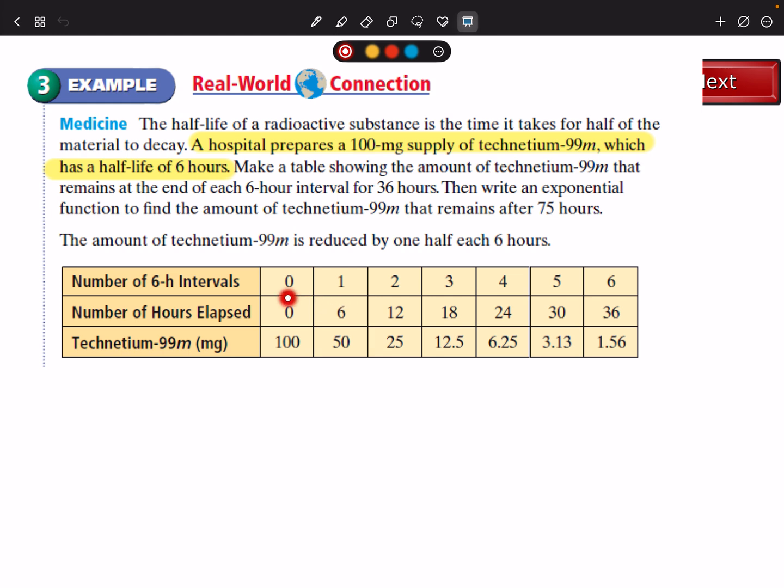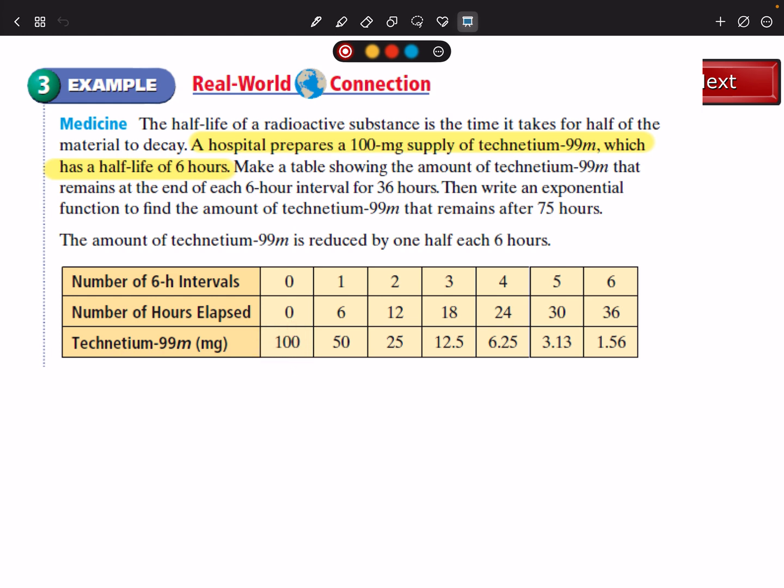So you can see here in the table, you've got the time elapsed, you've got 6 hour intervals. So the first 6 hour interval, 6 hours later, 100 to 50. Another 6 hours later, you'll be down to 25. Another 6 hours later, down to 12.5, and so on and so on.